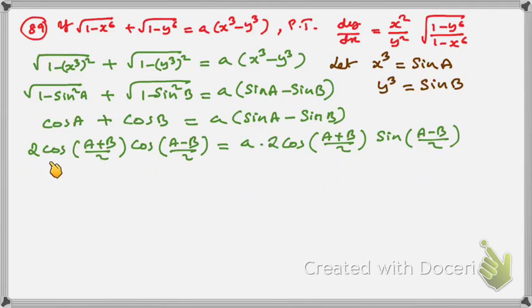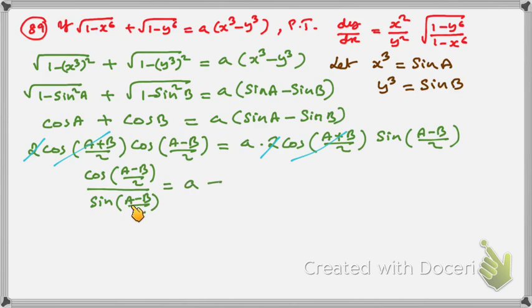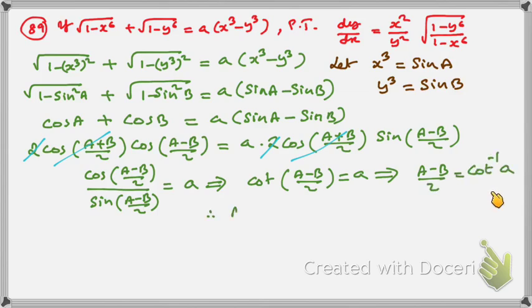So 2 and 2 will cancel from both sides, and cos((a+b)/2) cancels as well. What is left is cos((a-b)/2) divided by sine((a-b)/2) equal to a, which means cot((a-b)/2) is equal to a. Therefore, (a-b)/2 will be cot inverse of a.